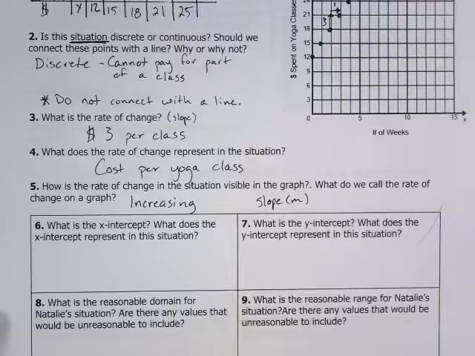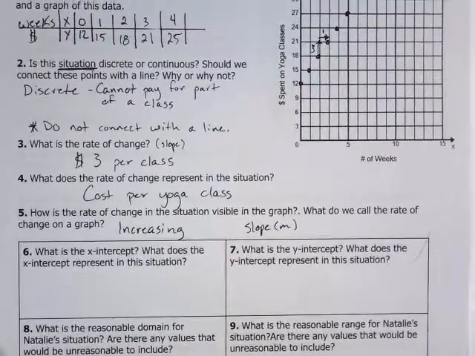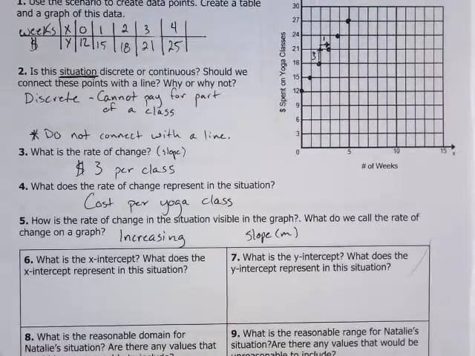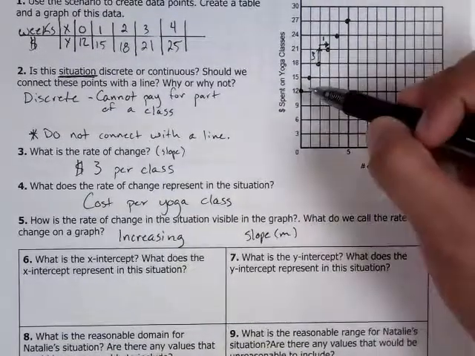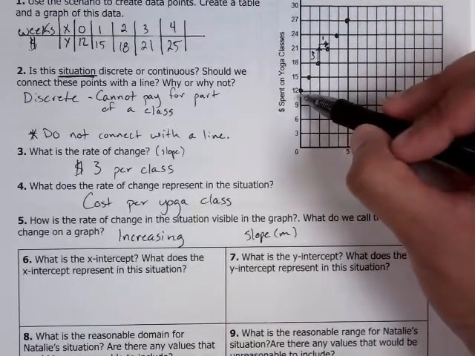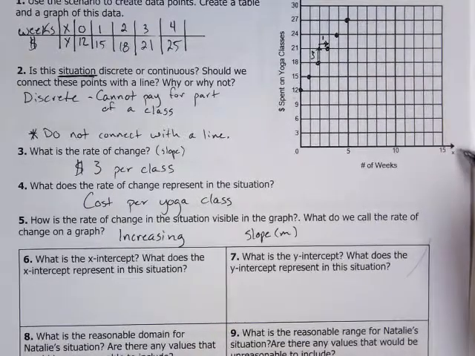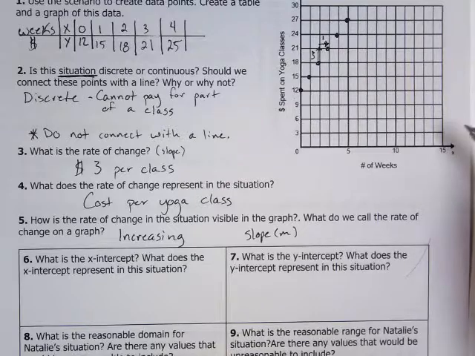What is the x-intercept? What does the x-intercept represent in the situation? As a quick reminder, the y-intercept is where our data crosses the y-axis. Our x-intercept is going to be the same thing. Our x-intercept is going to be where the data crosses the x-axis.